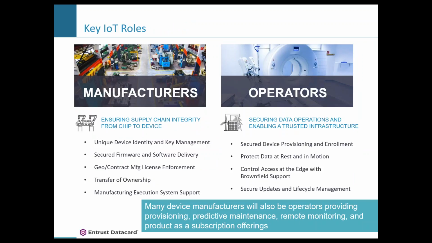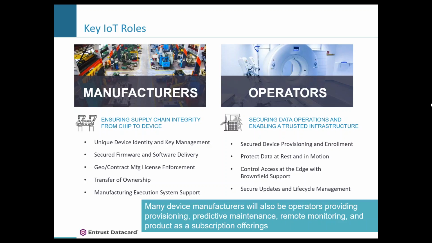Which, just highlighting here, as a result of that, there are really two key roles, and some of the attacks we've seen recently actually fall into one bucket or the other. For manufacturers, it's about supply chain integrity, things like secured firmware and software delivery. How do things move through the supply chain? How do we transfer ownership from, say, one manufacturer to another, or from manufacturer to the operator?